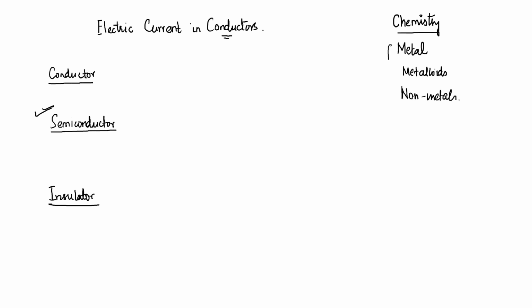These three things also signify the same as conductor, semiconductor and insulator, but the thing is that a few non-metals do behave like conductors and a few metals do behave like insulators. But in brief, in general, they can be equated, but they are never the same. Metals, metalloids and non-metals are quite different from conductors, semiconductors and insulators, but are similar sets.